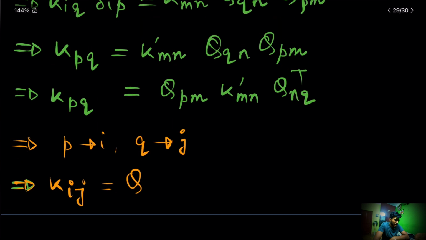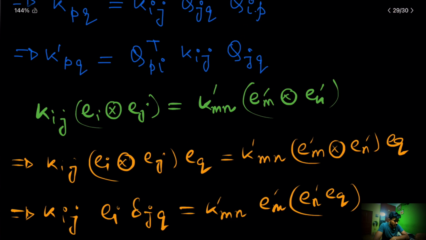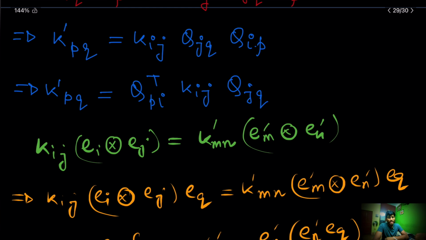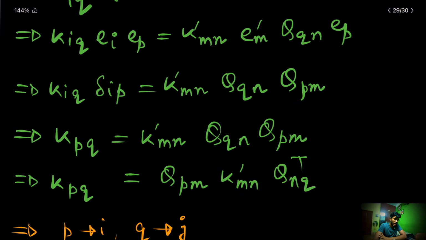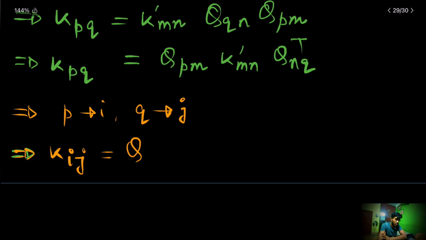In our earlier derivation we have used PQ as our indices in our dashed coordinate system, so let us use that only. Now Qi.